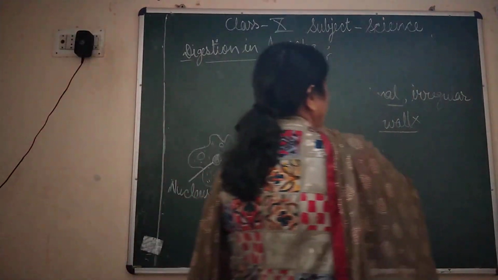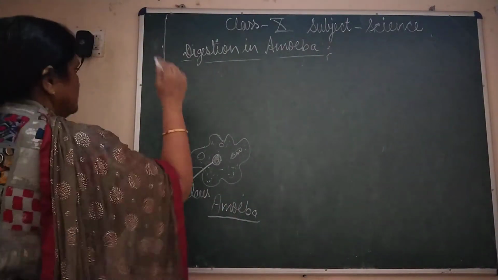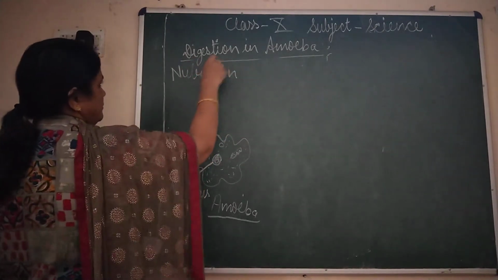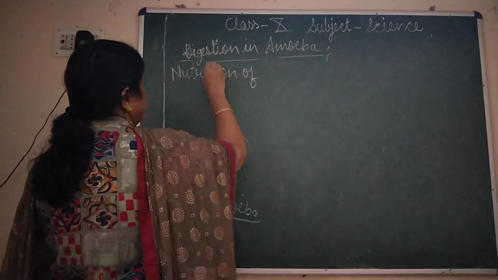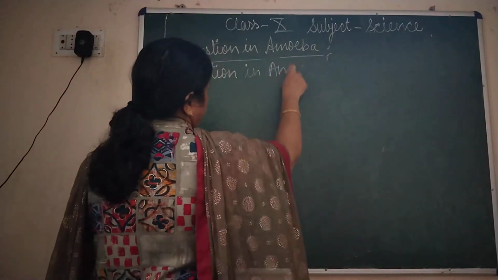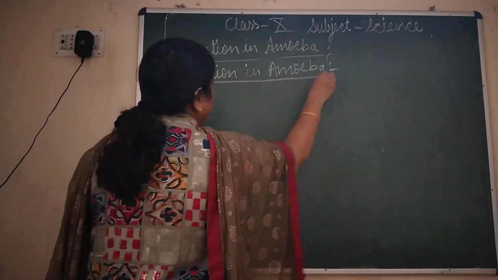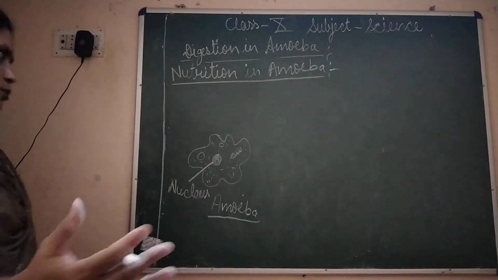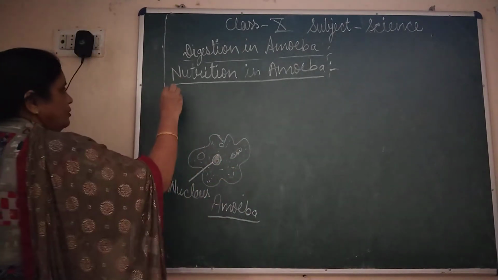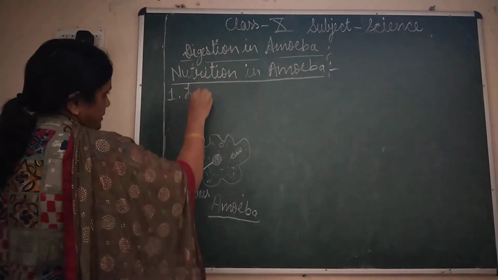Now we are going to see the process of nutrition in amoeba. It is a very small animal, made up of only one cell, but still it follows all the 5 steps of nutrition. What are the 5 steps of nutrition?